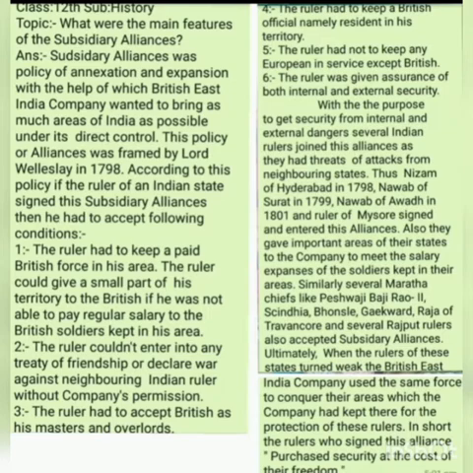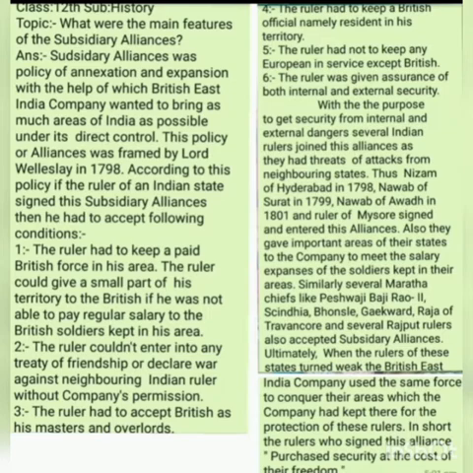Number four, the ruler was to keep a British resident at his capital. Next, the ruler could not employ any European service without the approval of the British. If he employed any European, it should have been only a European from Britain. No person other than British could be given service in the area of that ruler.